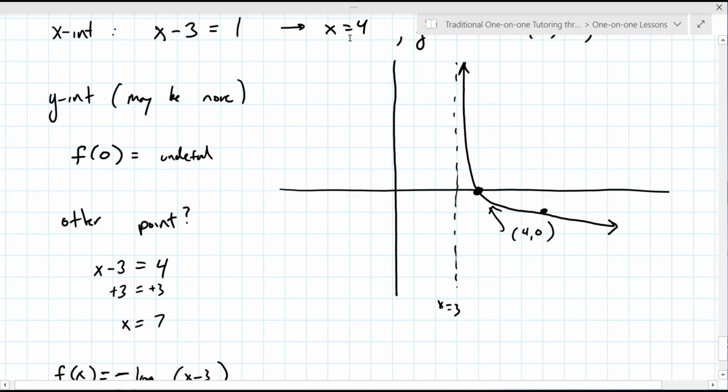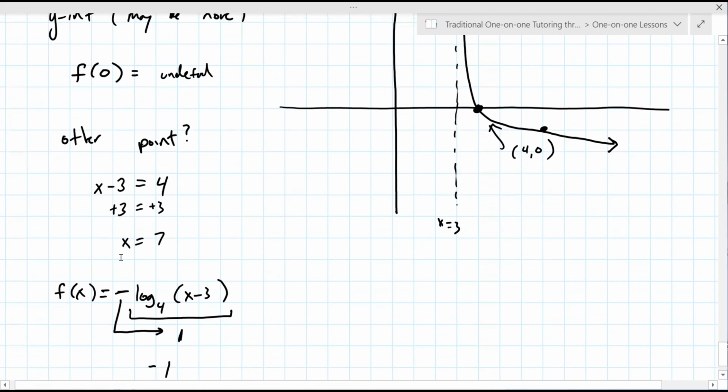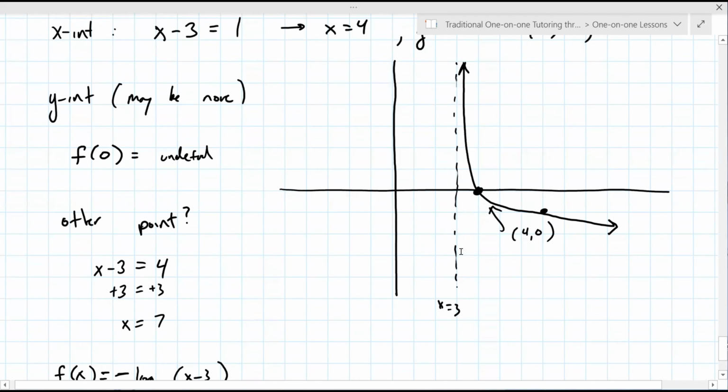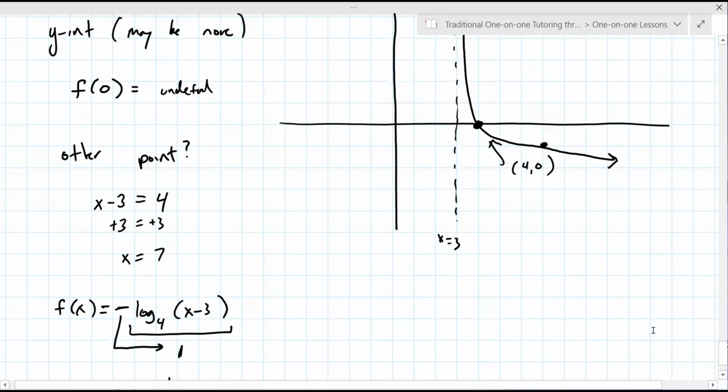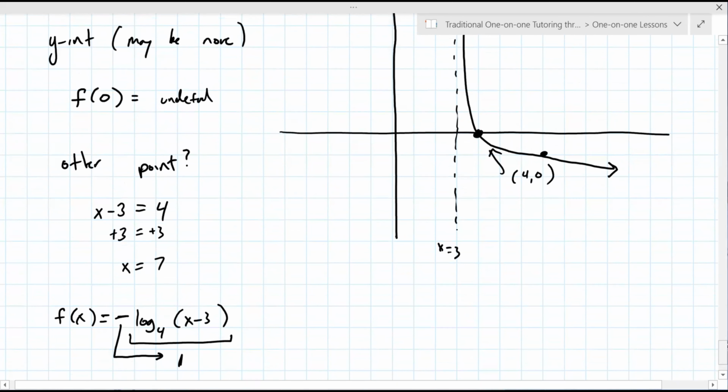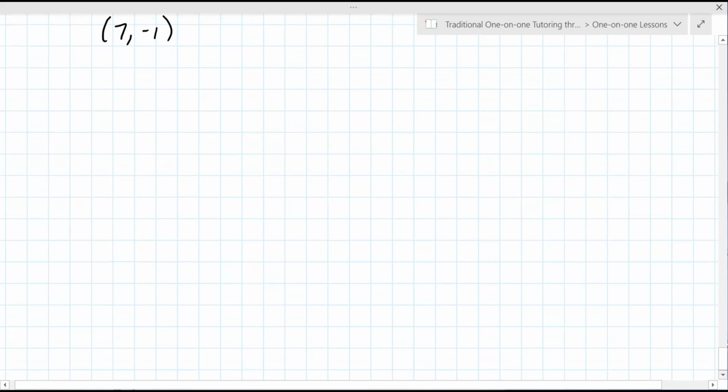What does the negative do out in front? It's a reflection, so it would flip. Yep. So instead of going up and to the right, it goes down and to the right. Very critical, and that's going to be the case when you get your negatives.